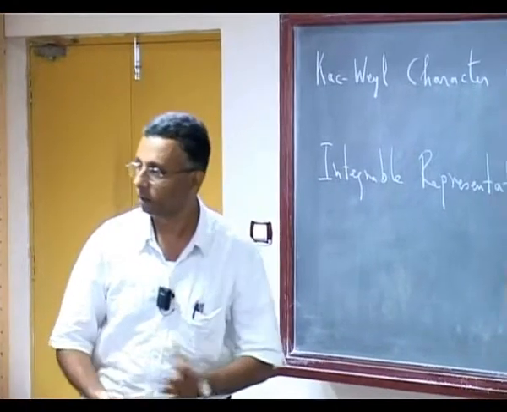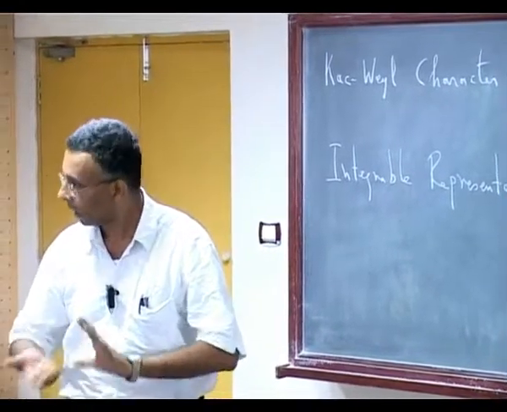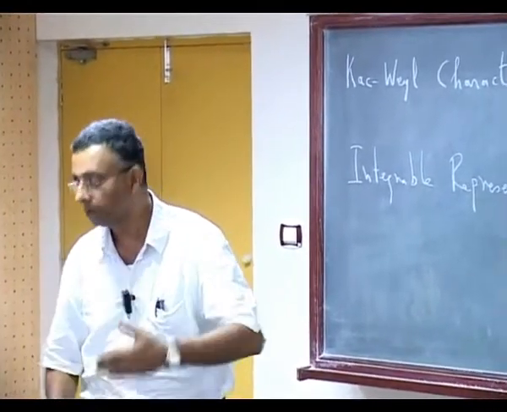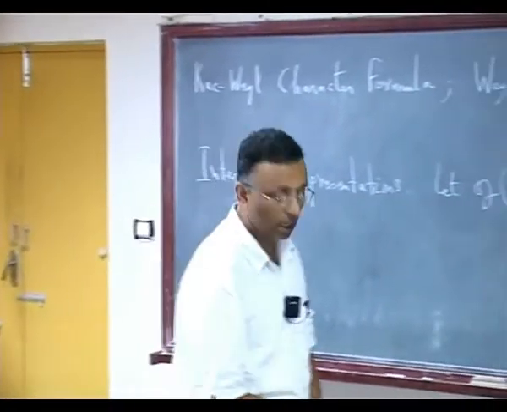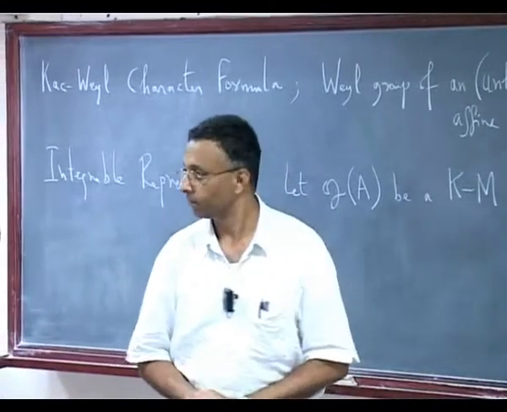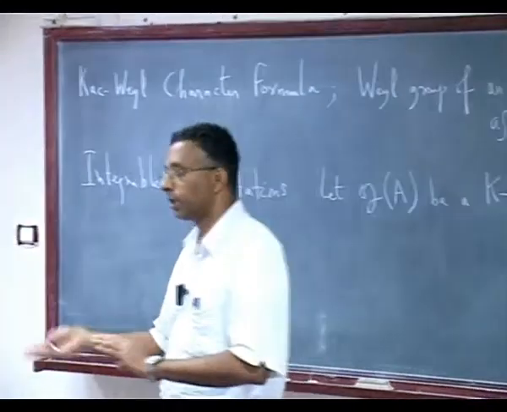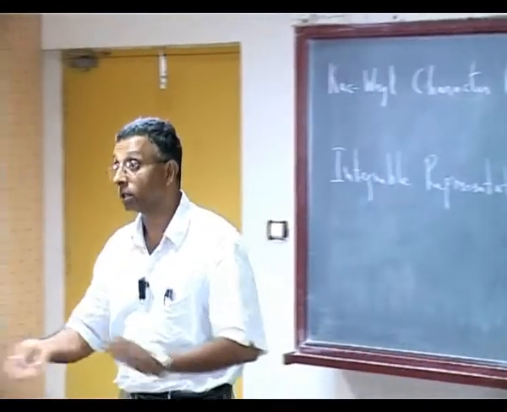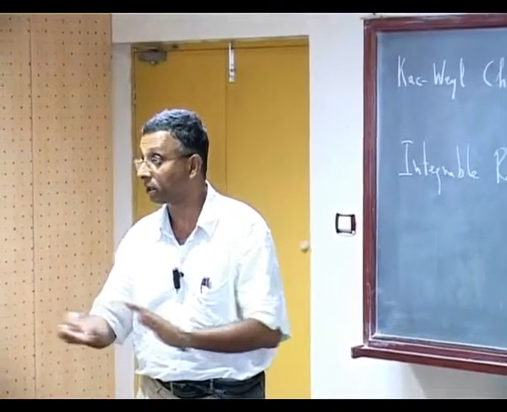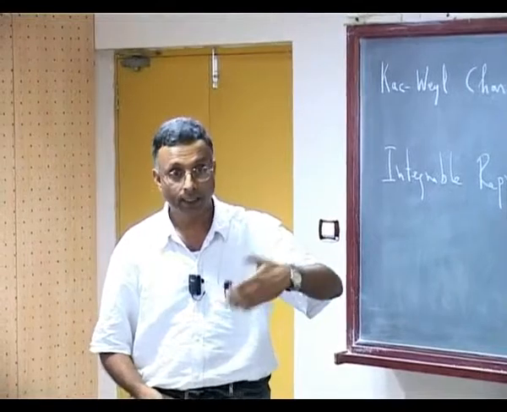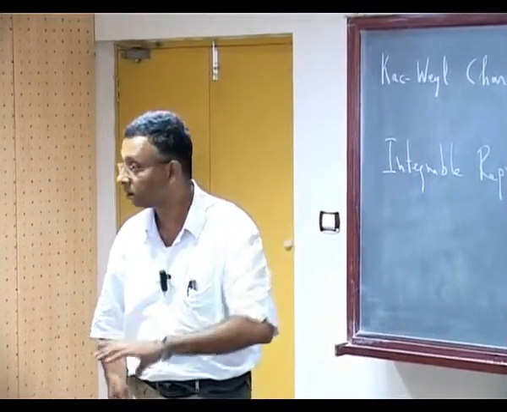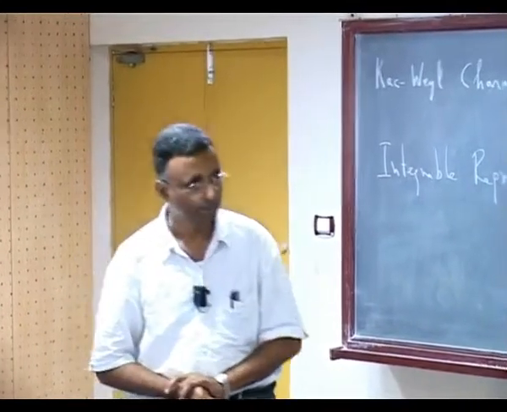What is GA? GA is the algebra constructed in the fashion that was described by Punita. That is, you take the obvious set of relations except the Serre relations, and then go modulo the ideal that is maximal with respect to not intersecting H, right?